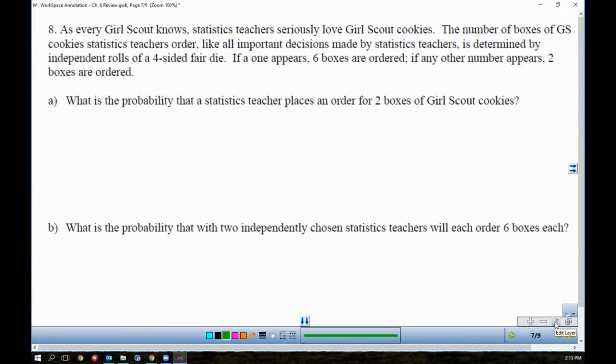So A asks the probability a statistics teacher places an order for 2 boxes. Well, how many ways can I get 2 boxes? If I roll a 1, I get 6 boxes. Any other number, I get 2 boxes. Since it's a four-sided die, my other numbers are 2, 3, and 4.